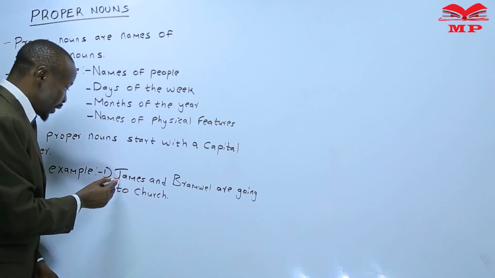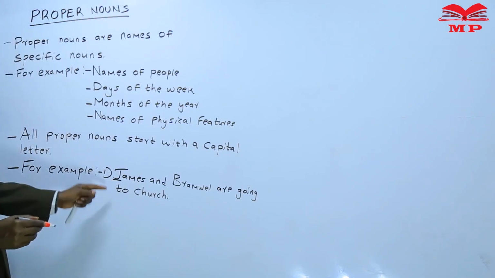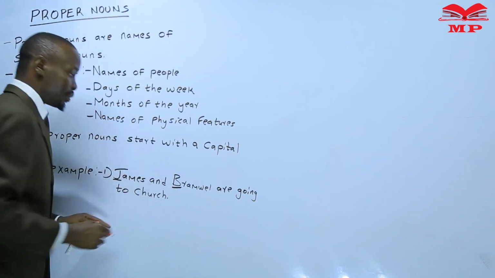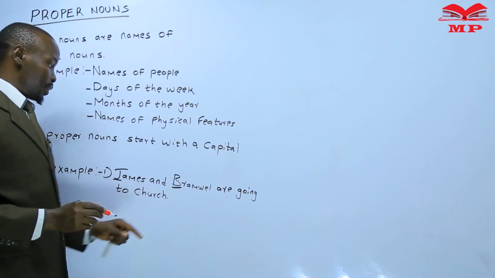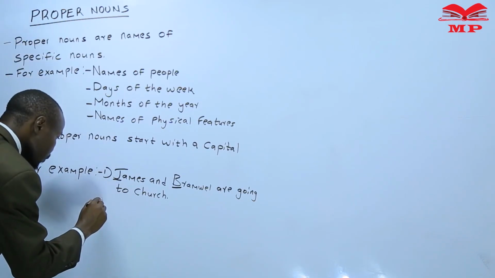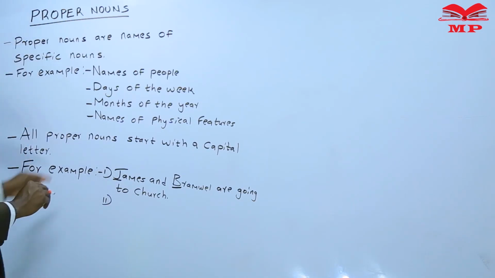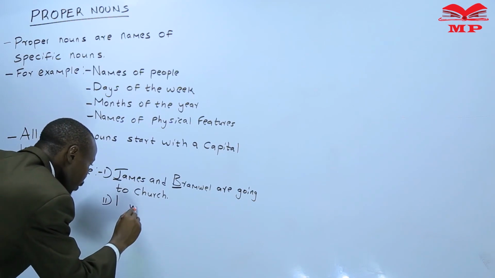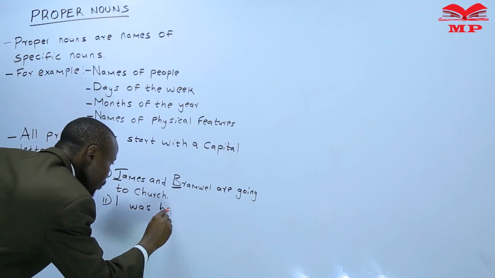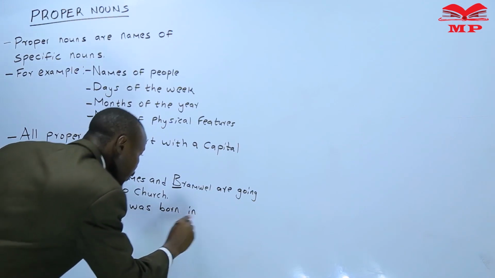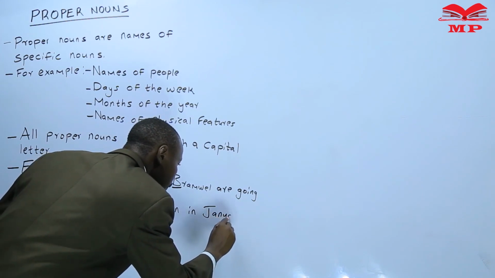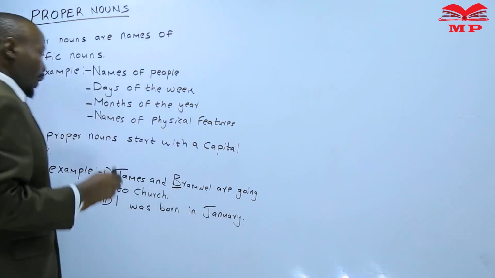So here, the name James is a proper noun. That's why we've started with a capital letter. And then the name Bramwell is also a proper noun. It must also start with a capital letter. So the second example, under the days or months of the year, I was born in January.